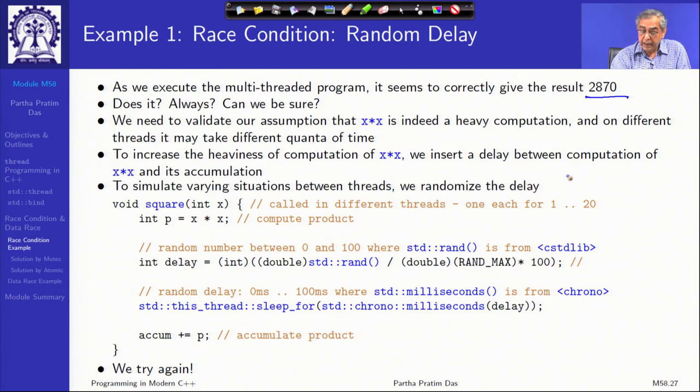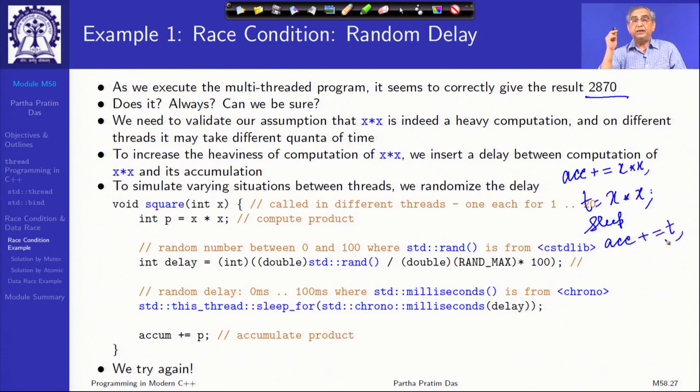So, what can we do? Instead of doing accumulator plus equal to x into x, let us compute x into x into some temporary, sleep for a while, and then add this temporary to the accumulator.